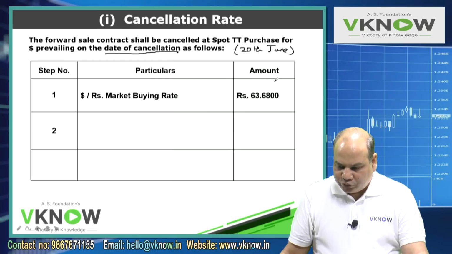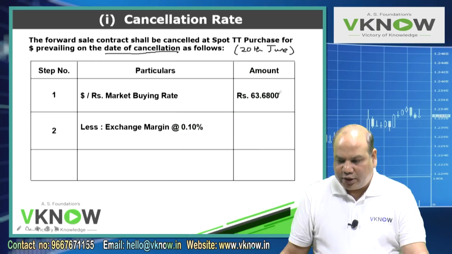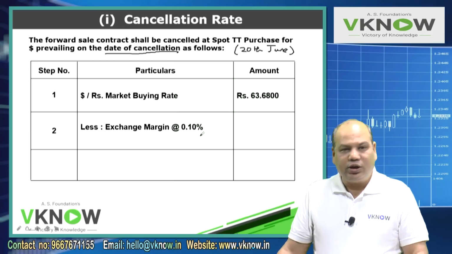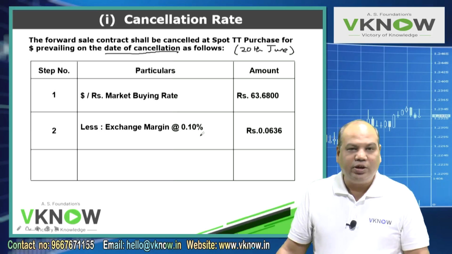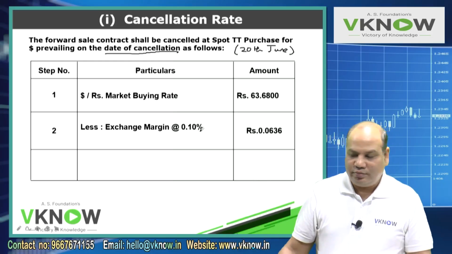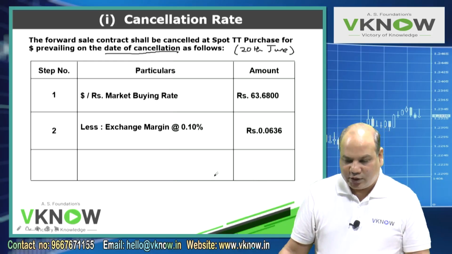Now here we are cancelling the contract with the customer, so margin will be adjusted. So in case if it is bid rate, the rate applicable to the customer will be bid rate minus margin. We, that is the bank, will buy from the customer at a lower rate than the interbank buying rate and sell to the customer at a higher rate than interbank selling rate.